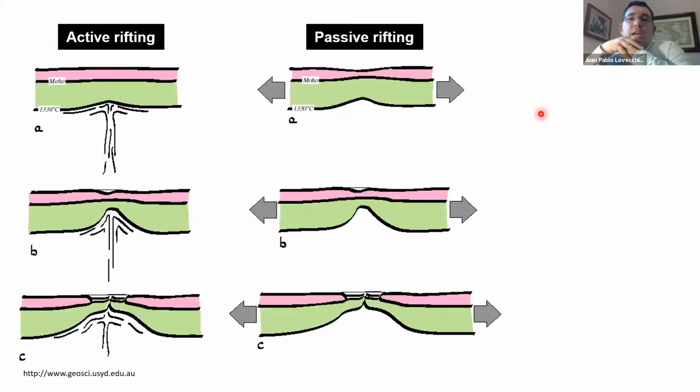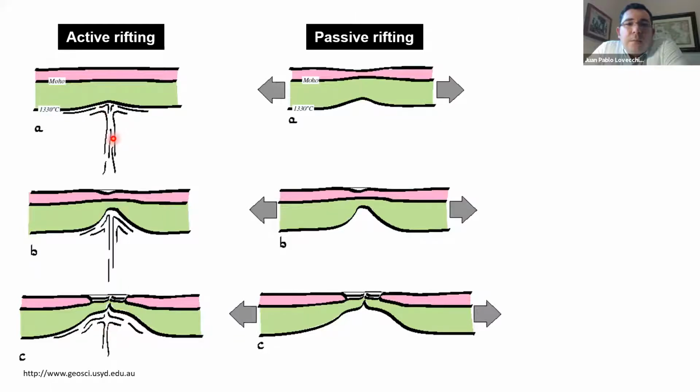Okay, if we want to review some general concepts on rifting, in a nutshell, there are two end members of rifting mechanisms, which are called active rifting and passive rifting. The difference between the two is the origin of the uplift of the asthenosphere.